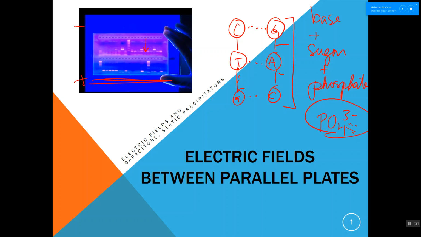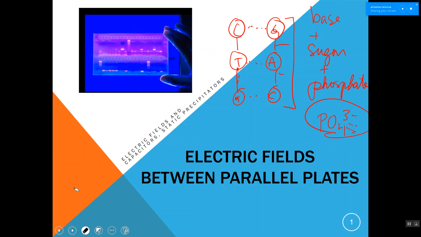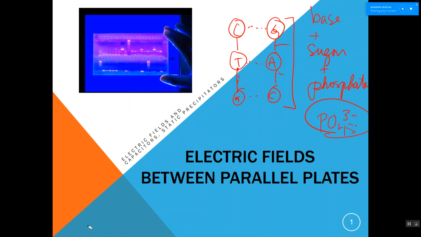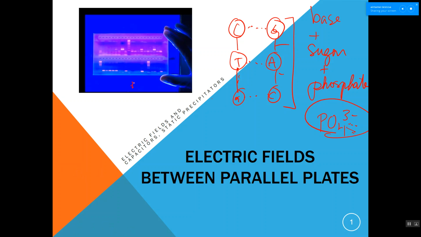Now, if there was just a point charge, a positive point charge here and a negative point charge here, how would the DNA migrate through this gel?